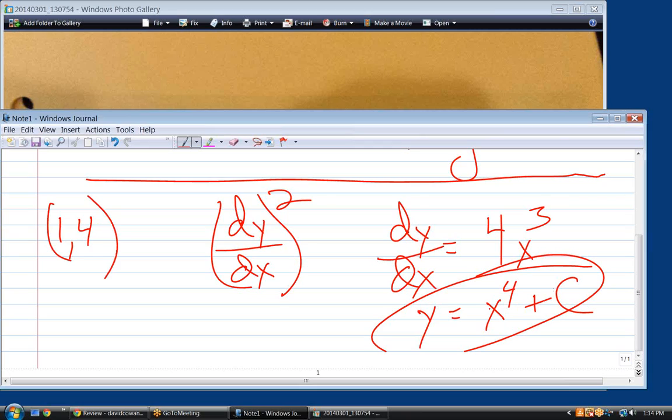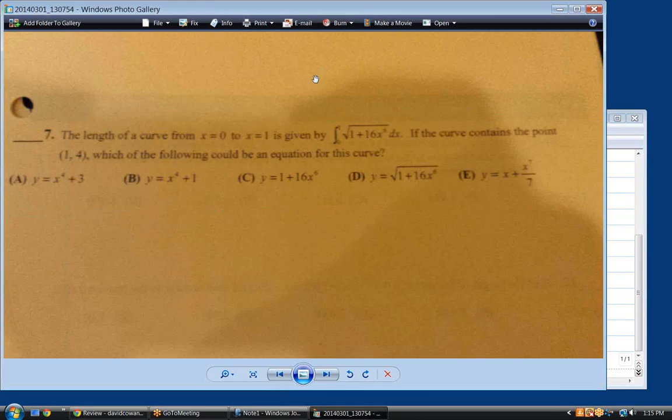Plug that into this equation and we'll have c. All right, so it's going to be 3. So the real equation is y equals x to the fourth plus 3. That's the answer they're looking for. A.